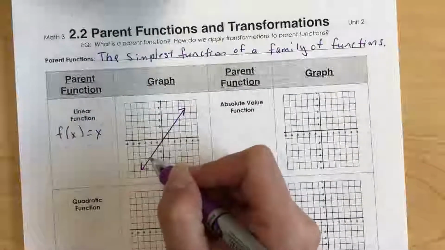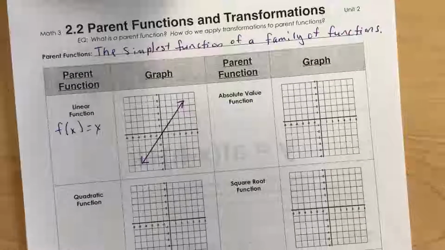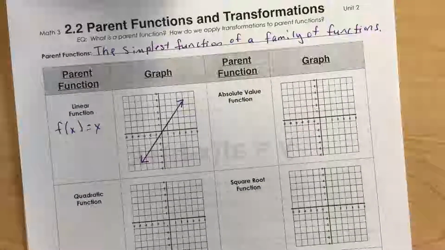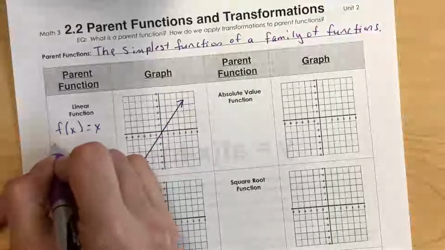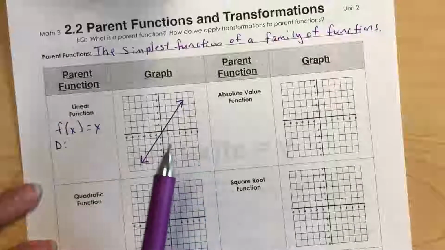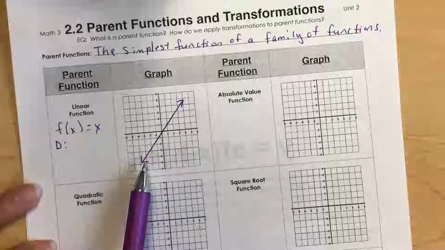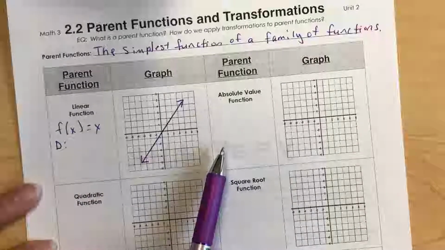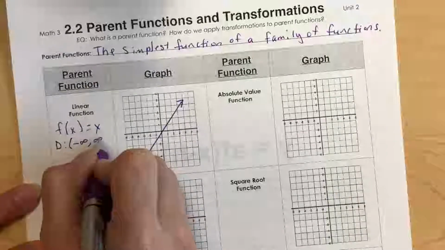Everything that's going on this sheet, these are things that you're responsible for, that you should be able to remember moving forward. We're also going to talk about the domain and the range. We talked about domain in the previous section. Domain is all possible x values moving from the left to the right of this graph. This thing goes forever in both directions, so we're going to say it has domain negative infinity to positive infinity.